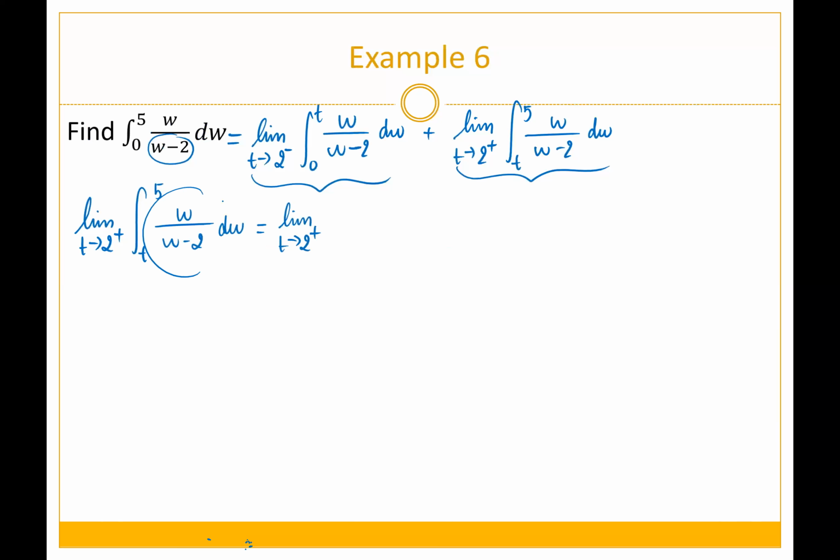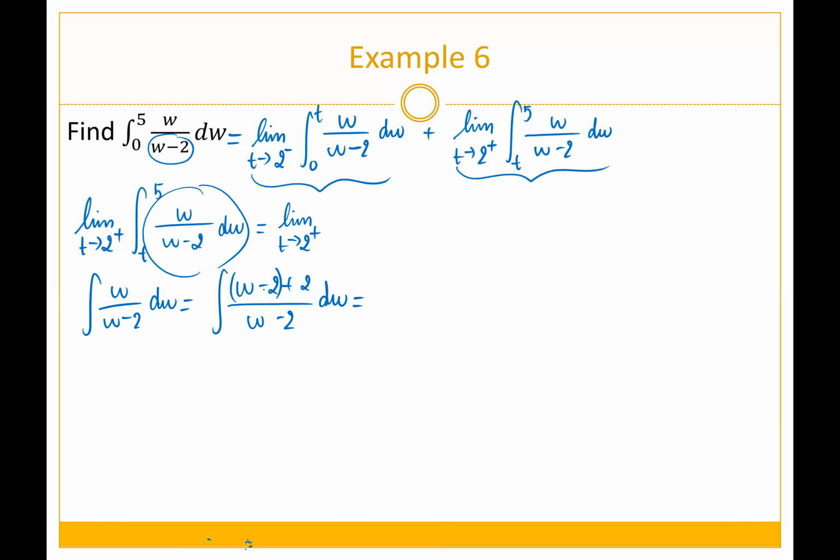So what is the integral of this? Integral of w over w minus 2. I would say the best way to do it is to rewrite this one. There are two ways, but I'll do the easy way. The other way is just way too complicated. We rewrite it as w minus 2 plus 2.